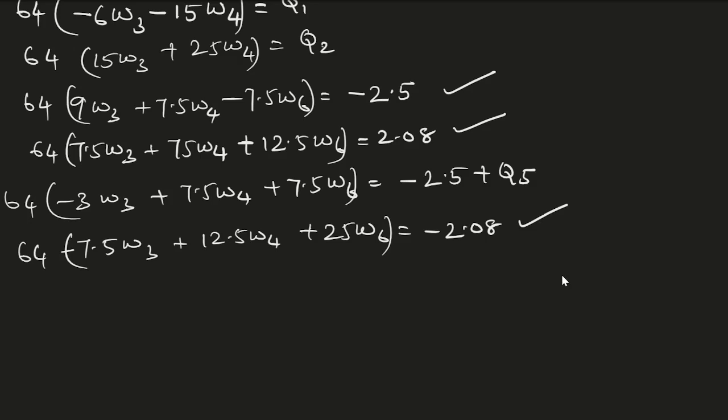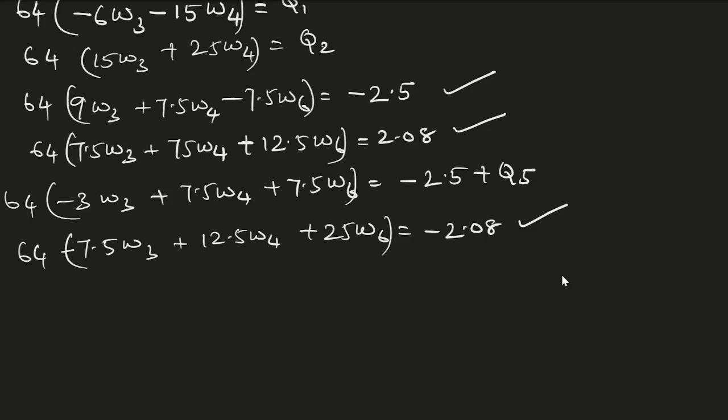So here for the first equation, that is 9 into 64, and the second one is 64 into 7.5, and it is minus 7.5 into 64. This is equal to minus 2.5, the constant.